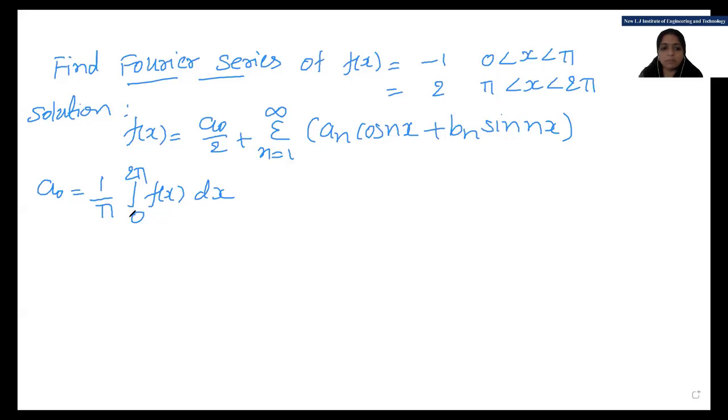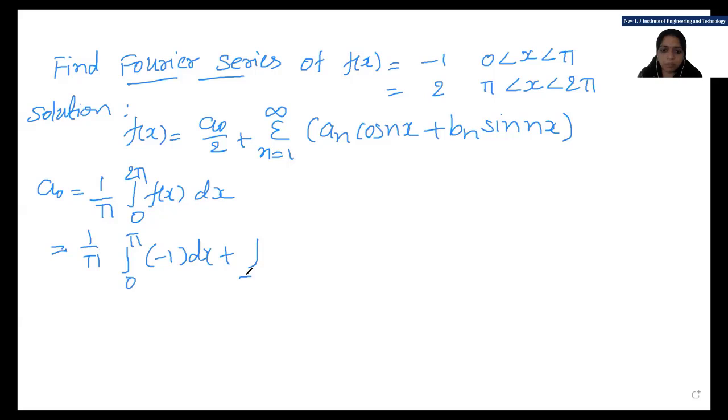a0 is equal to 1 by pi, 0 to 2 pi f of x dx, right? So here 1 by pi, here 0 to pi, for 0 to pi our function f of x is -1, right?